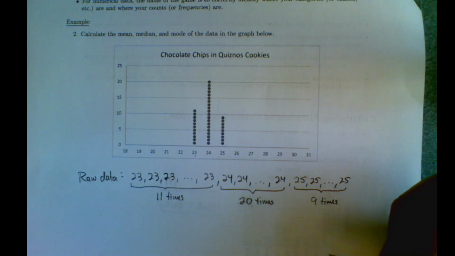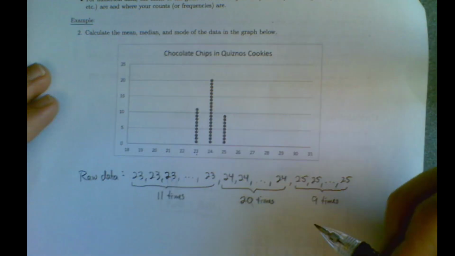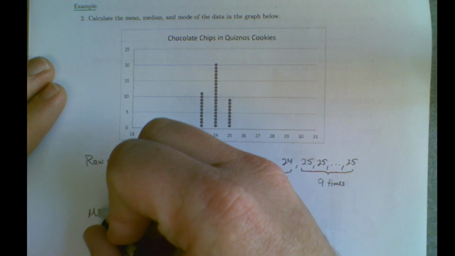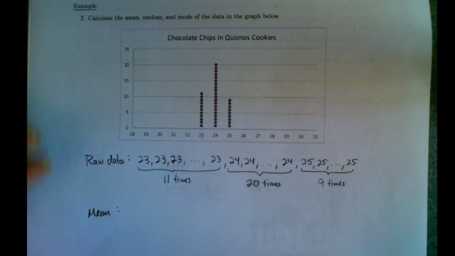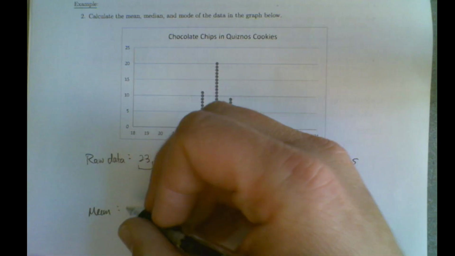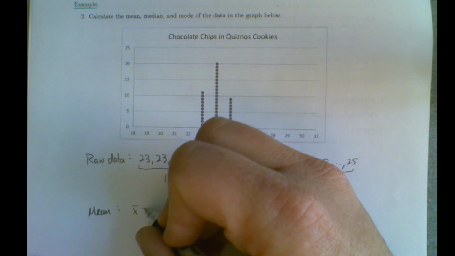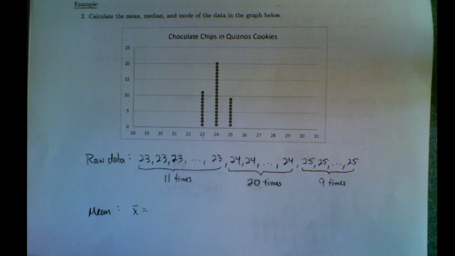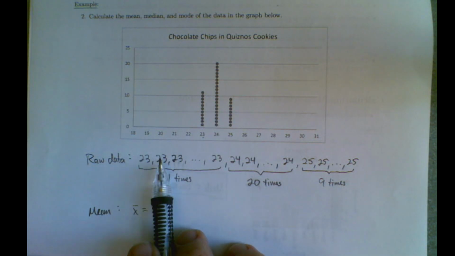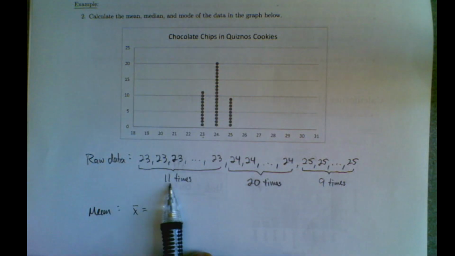So then if I'm trying to calculate the mean, let's say, the sample mean, x bar, well, it would be 23 plus 23 plus 23 plus 23, 11 times.